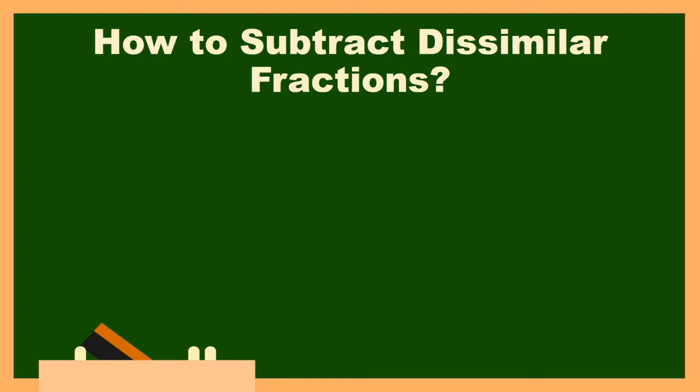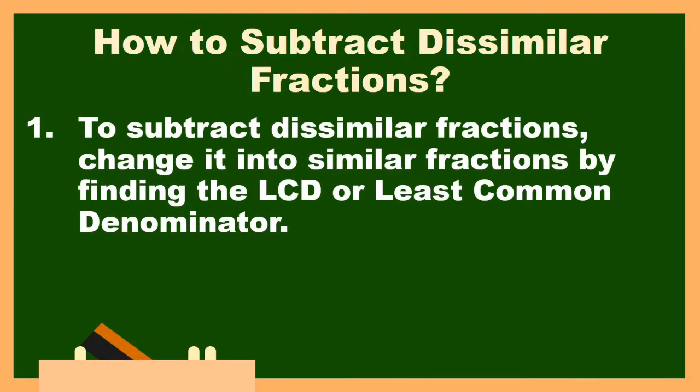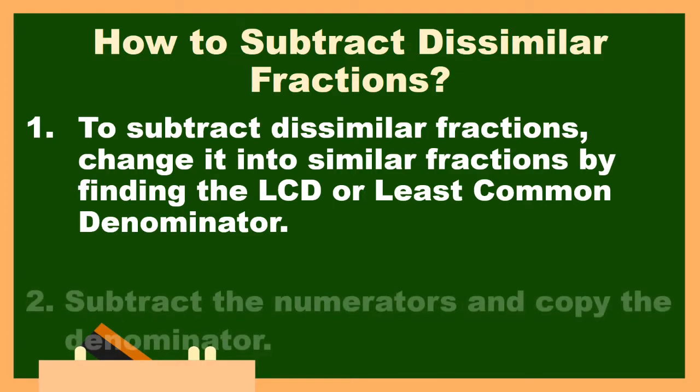Now, let us proceed to subtraction of dissimilar fractions. Sa pag-subtract ng dissimilar fractions ay meron tayong steps na susundin. Number 1. To subtract dissimilar fractions, change it into similar fractions by finding the LCD or the least common denominator. Number 2.